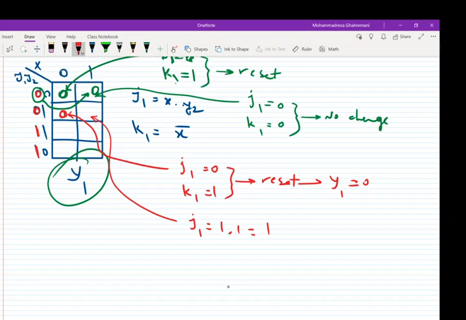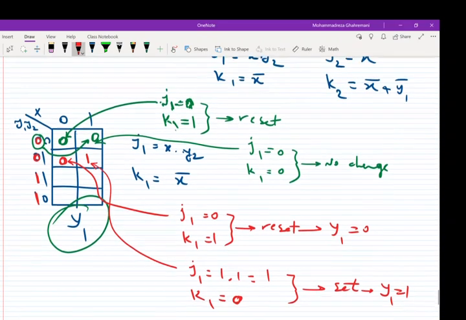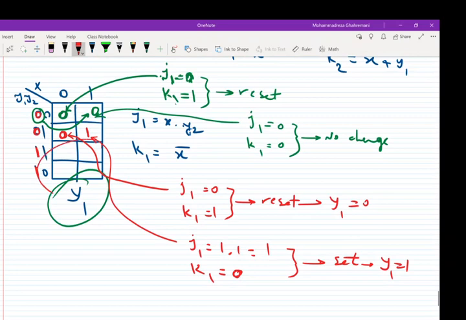What is k1? x is 1, so x bar is 0. So j equal to 1, k equal to 0 means set, which means y1 is equal to 1. So we say y1 is equal to 1. Now pause the video and try to complete the next four cells, and then compare your results with my solution.